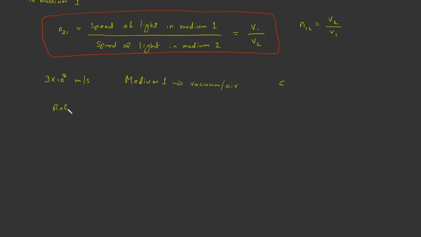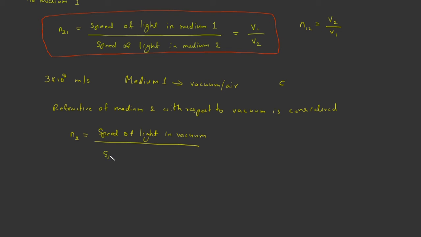Then refractive index of medium 2 with respect to vacuum is considered, and we represent it as n2, and we know it is speed of light in vacuum divided by speed of light in medium 2, and that is equal to c by v2.